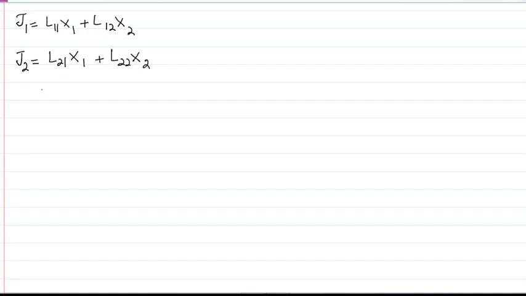Where this L11 is simply the thermal conductivity, because we have taken a case where both temperature gradient as well as mass flow, or matter flow, was there. So this L11 is simply the thermal conductivity coefficient.